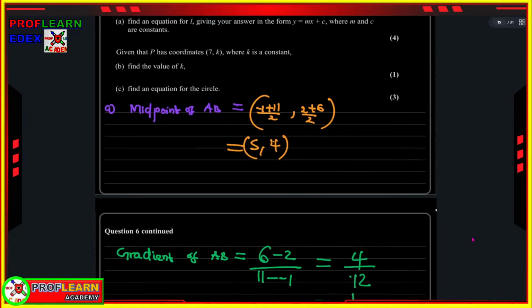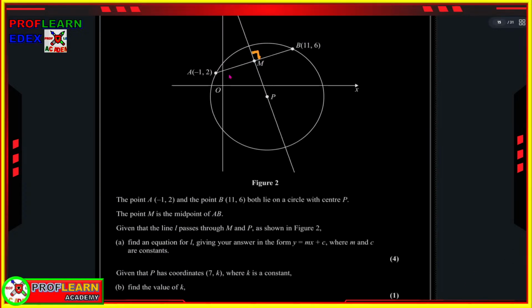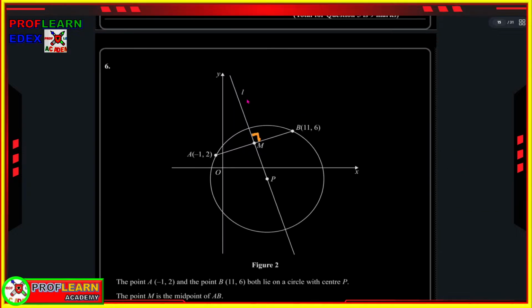Since that gradient we have found is the gradient of AB, the gradient of L is perpendicular, so it will be -3.